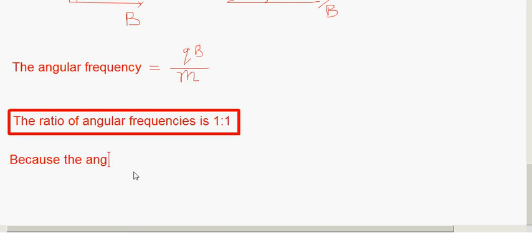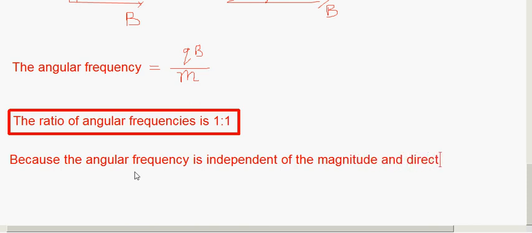The angular frequency is independent of the magnitude and direction of velocity of the charged particle in the magnetic field.